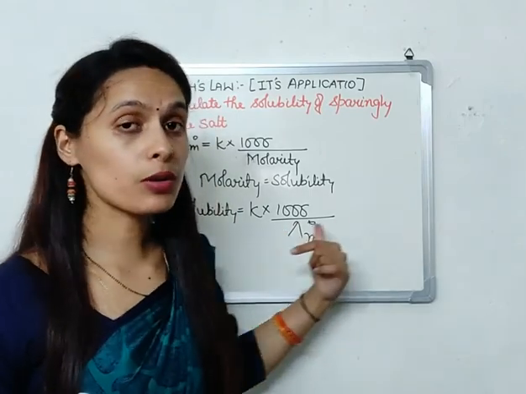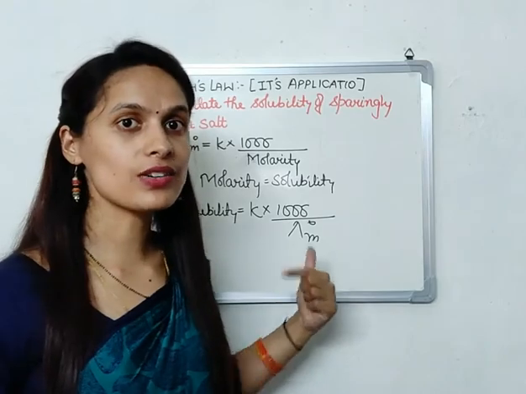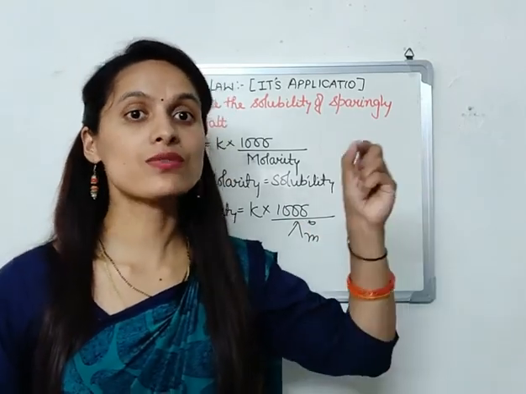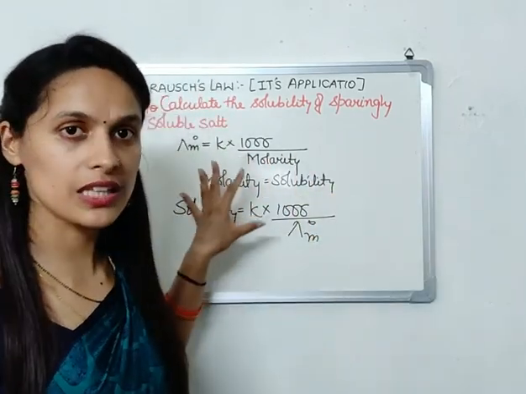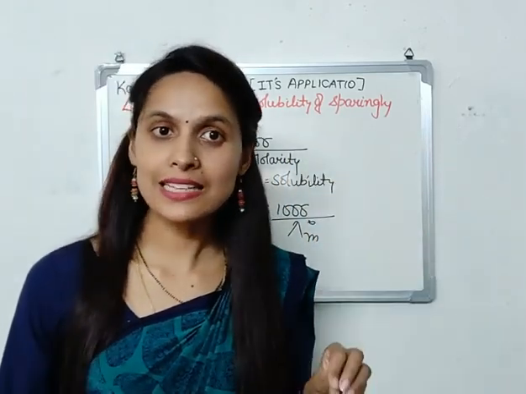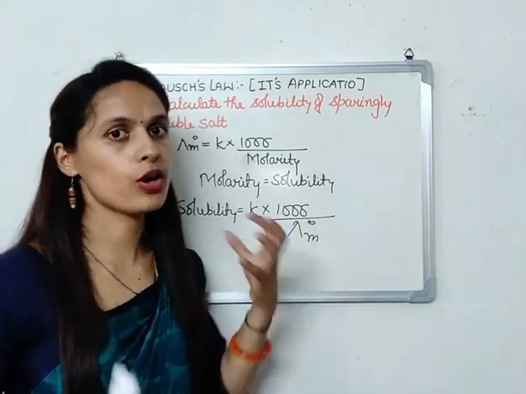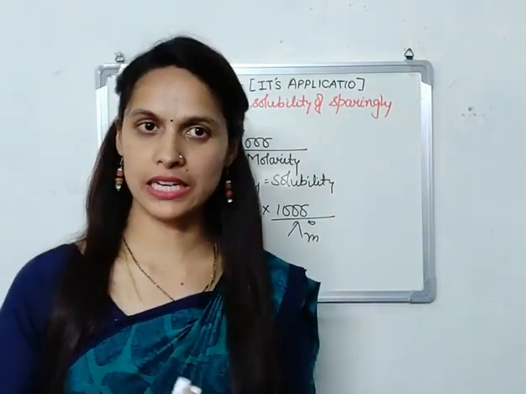Through a graph it is not possible. Why? Because the concentration of these sparingly soluble salts per unit volume is very less. That's why we can't calculate lambda m naught for these salts graphically.